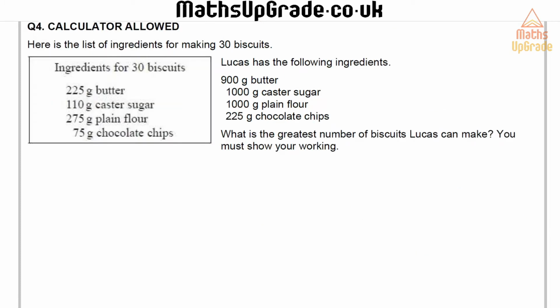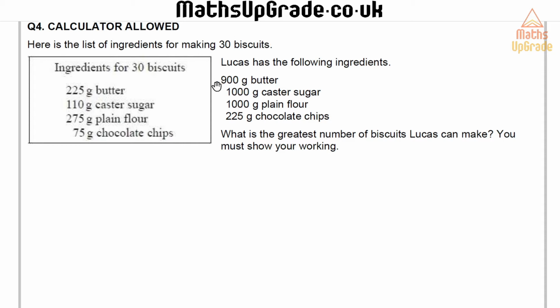That's 3 marks. Question 4 is very similar to the previous question. We're given the list of ingredients for making 30 biscuits. We're told that Lucas has got 900 grams of butter, 1000 grams of sugar, 1000 grams of flour and 225 grams of chocolate chips. We need to work out the greatest number of biscuits that he can make, and that's 3 marks. So to do this, we're going to do the same as we did with question 3.